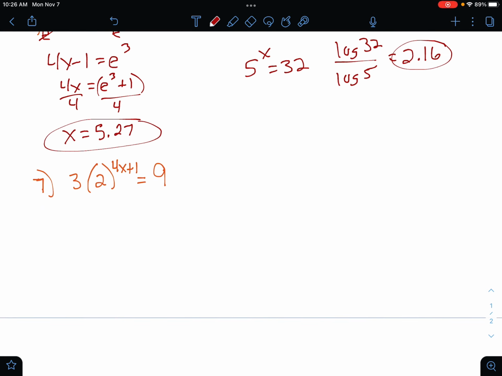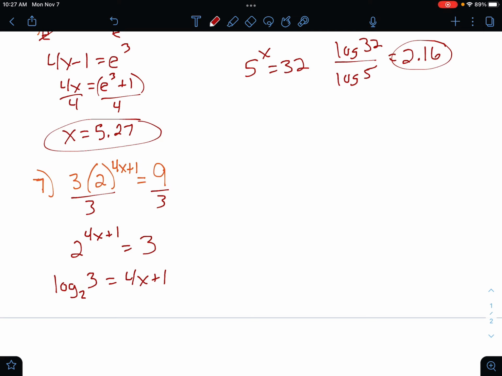So that does make sense if you think about it. All right, now this next one I wanted to show you because we have that 3 out in front. Don't convert to logs until the exponent's completely alone. So the first thing I have to do is divide by 3. So I have 2 to the 4x plus 1 equals 3. I can't get the 3 to have a base of 2, so now I'm going to convert. We have log base 2 of the answer equals the exponent.